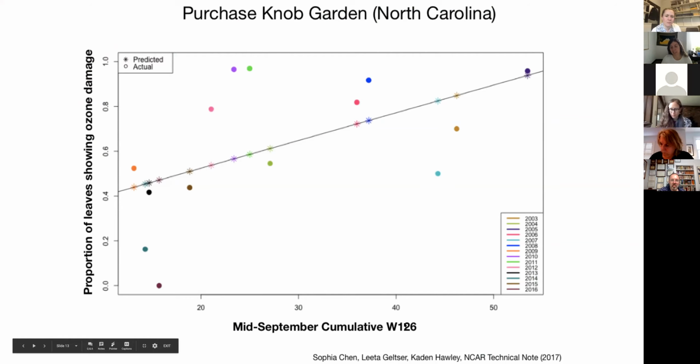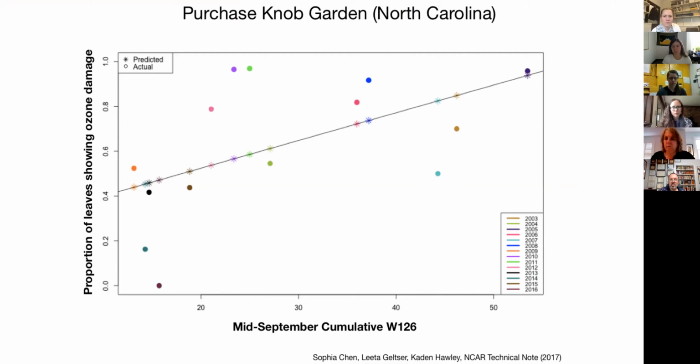What this metric is, is just an accumulated ozone concentration. And the reason that we accumulate the ozone concentration is because the leaves get the damage through time. And so that is potentially a better metric than just instantaneous ozone concentrations, which are quite variable.